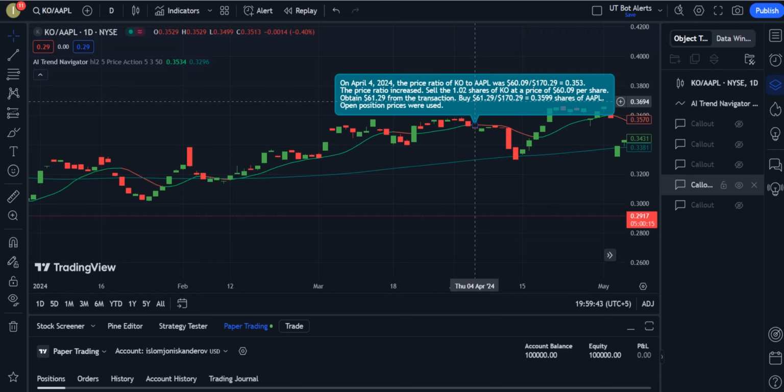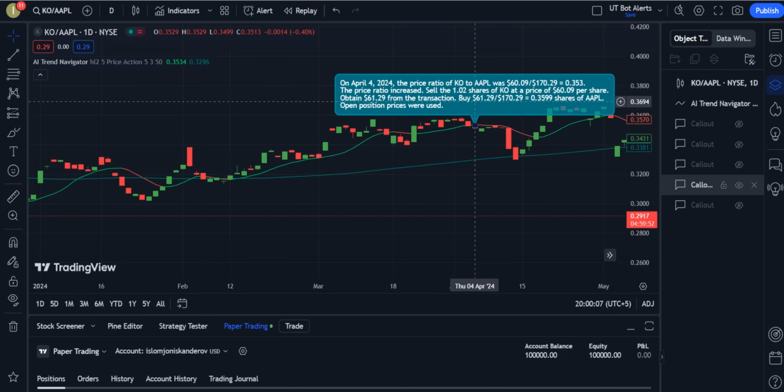And when the lower price stock to higher price stock price ratio decreases, we would switch to the lower price stock. So in this case here, the price ratio of Coca-Cola to Apple has increased, and so we would switch to Apple, which is the higher price stock.